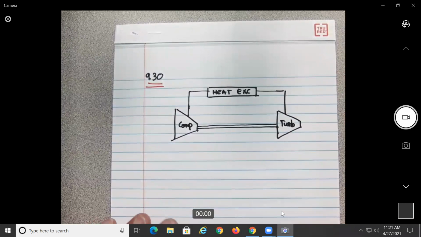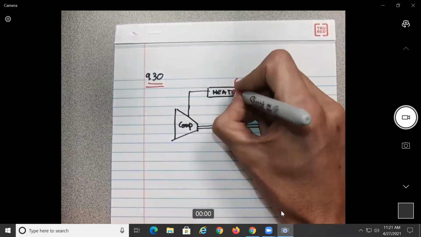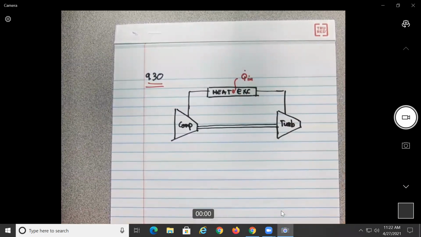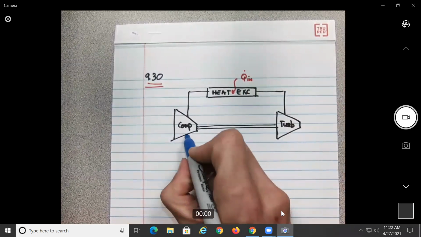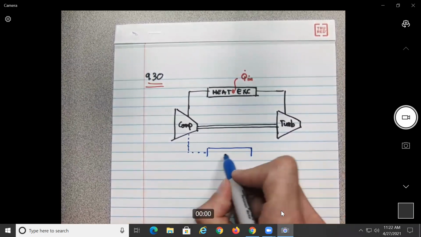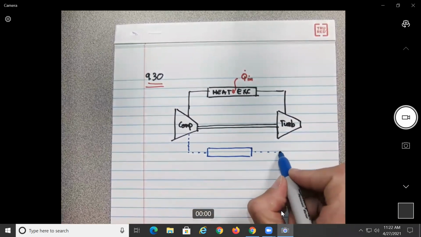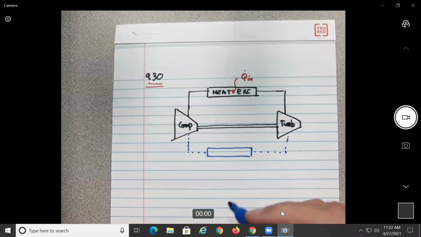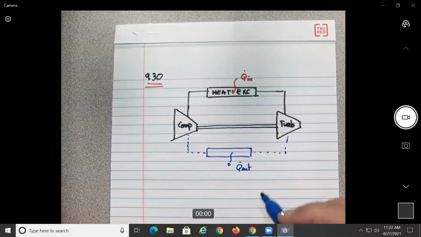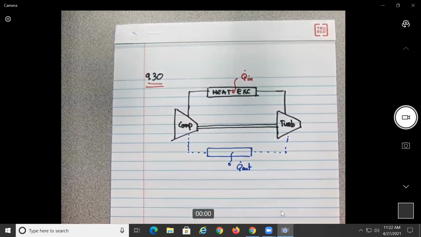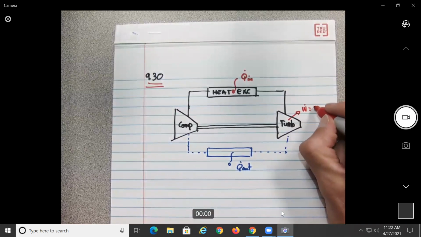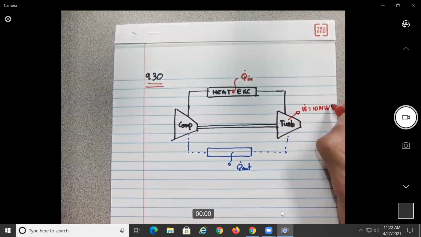Okay, it looks like that's kind of the figure they give us. Q in, and then they do another one here for the cold reservoir. Let's see what will happen here. All right, looks like they give us the power, which is generated by this, to be 10 megawatts.